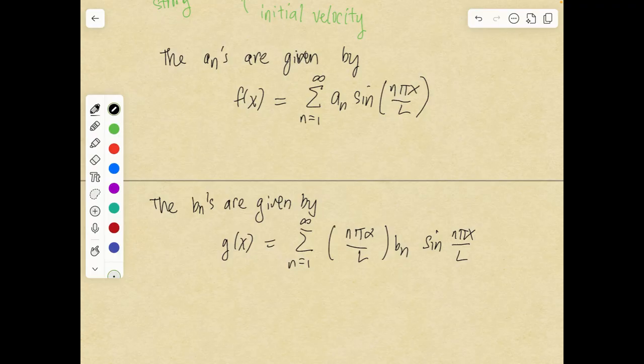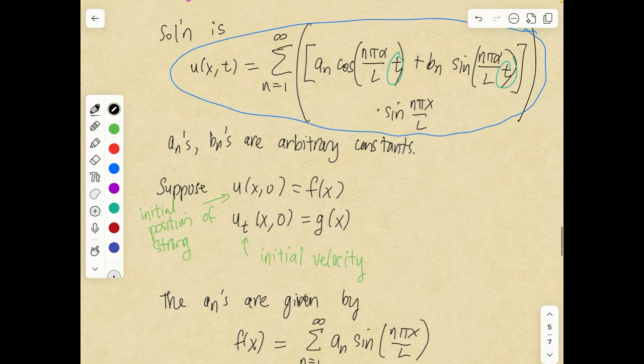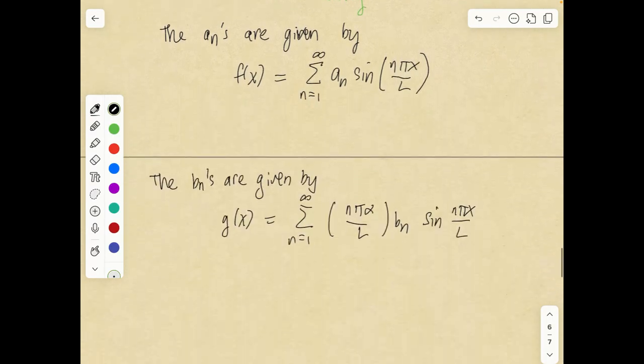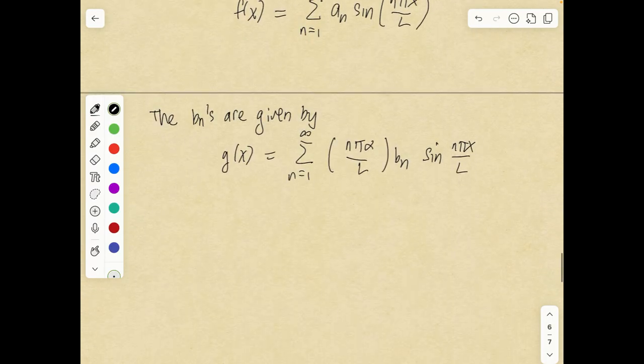It's the sum from n equals 1 to infinity of n pi alpha over L b sub n times sine n pi x over L.